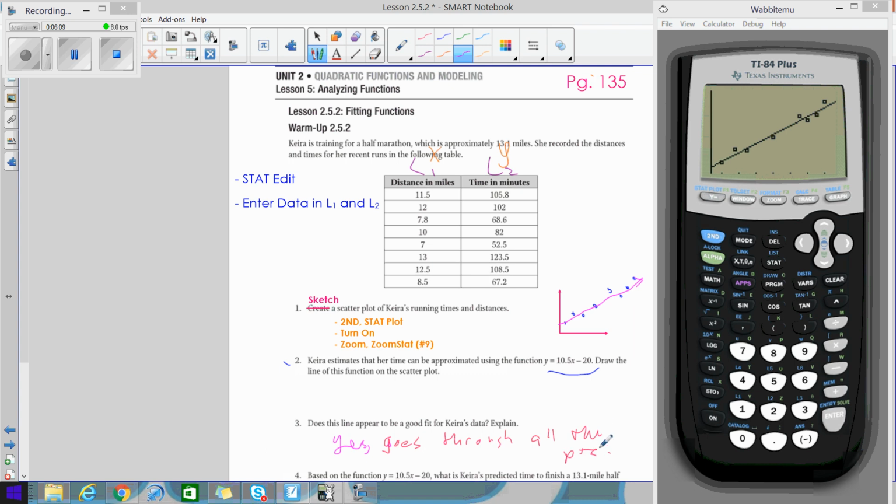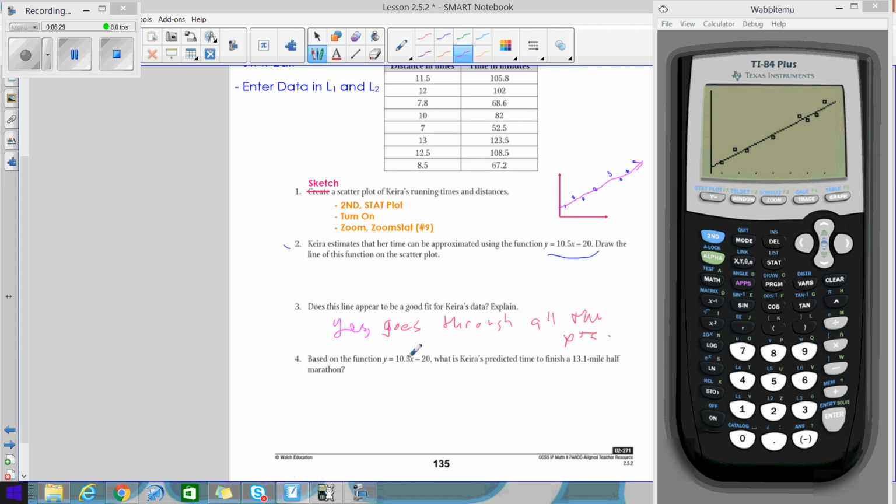And that's a reason why it's a good line of best fit. If it was just above it or just below it and not really touching it, it really wouldn't be a good piece of data. So now, this line of best fit is a good approximation for how long it would take her to finish a half marathon, or going how far in miles, how long she would have been running for.